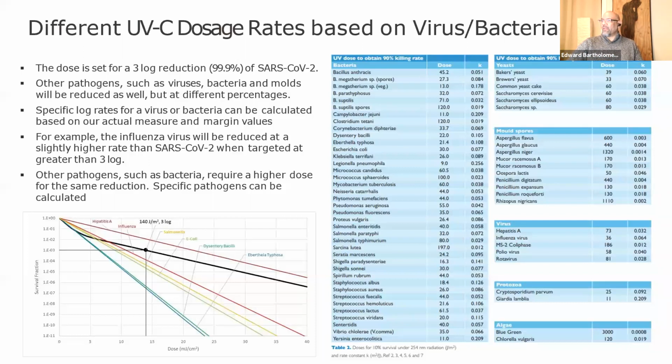It talks about a 3-log reduction in kill rate as well. So this is really a helpful chart. What's not included on this chart, though, is COVID-19. But they've been studying it, and they understand the interaction between UVC and dosage for killing or deactivating COVID-19.